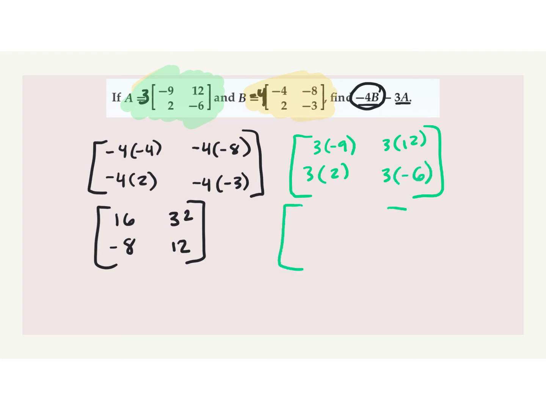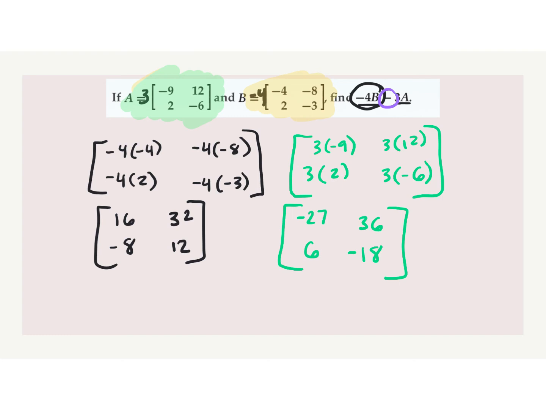So when I multiply these together, I get 3 times negative 9 would be negative 27. 3 times 12 is 36. 3 times 2 is 6. 3 times negative 6 is negative 18.